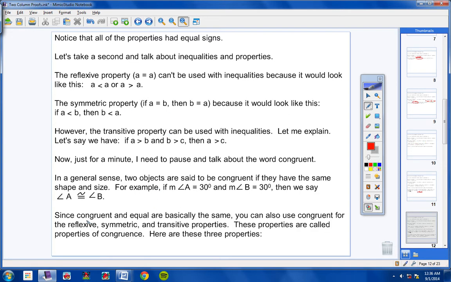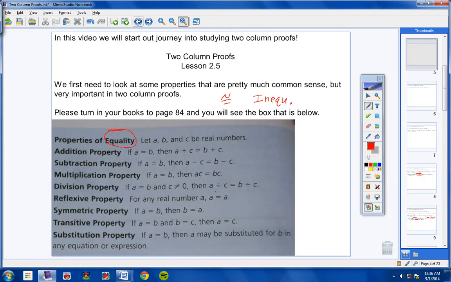Now, since congruent and equal are basically the same, you can also use congruent for the reflexive, symmetric, and transitive properties. So let's review, okay? You really need to pay attention, students. All of these properties here are properties of equality.